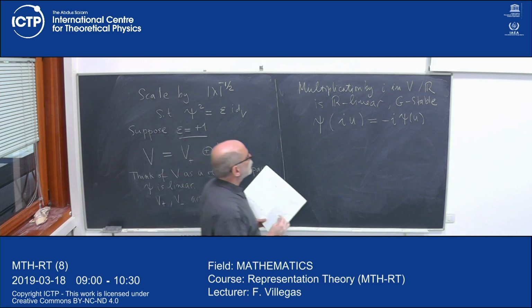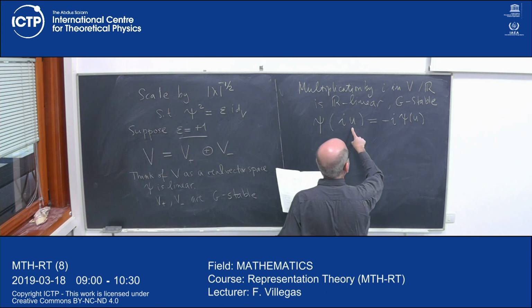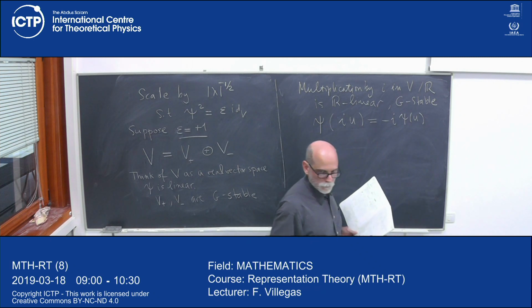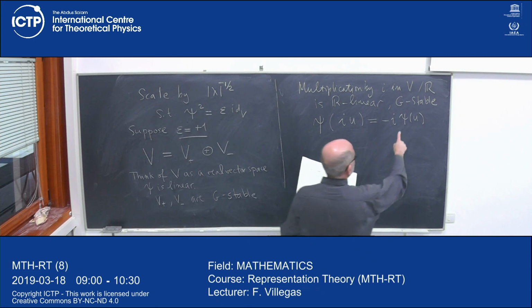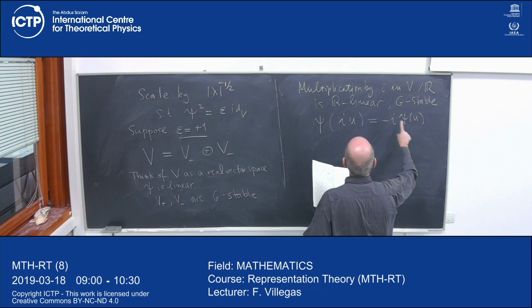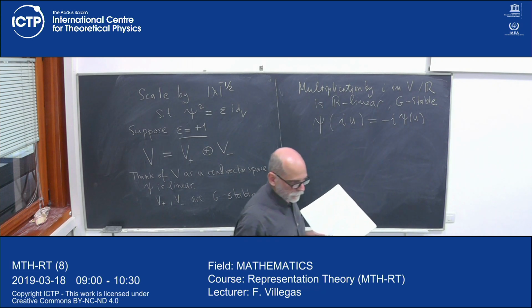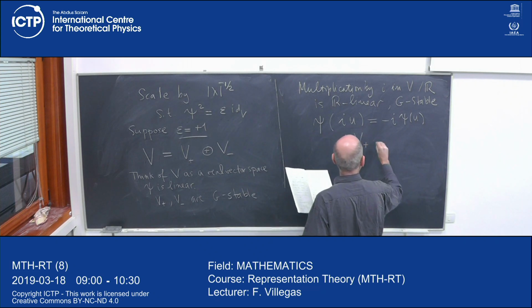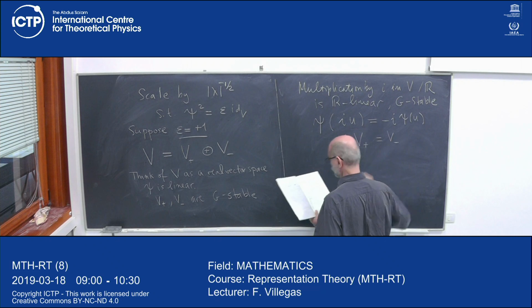Which means that if the vector u was in the plus space of psi, then I of u will be in the minus space. So I takes the plus space to the minus space.